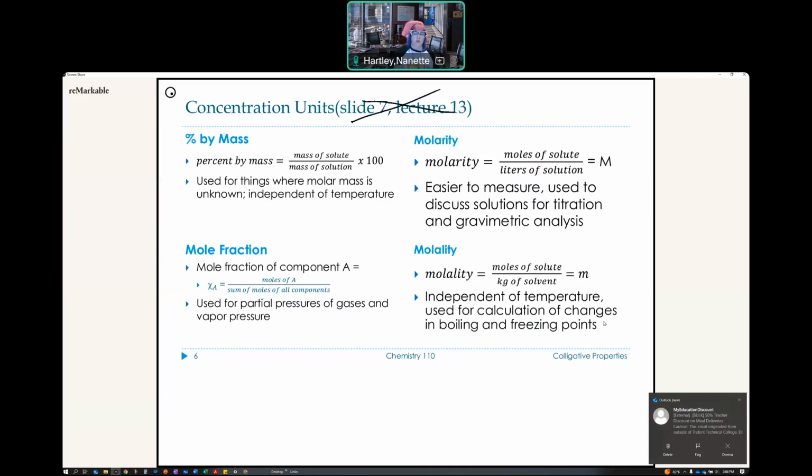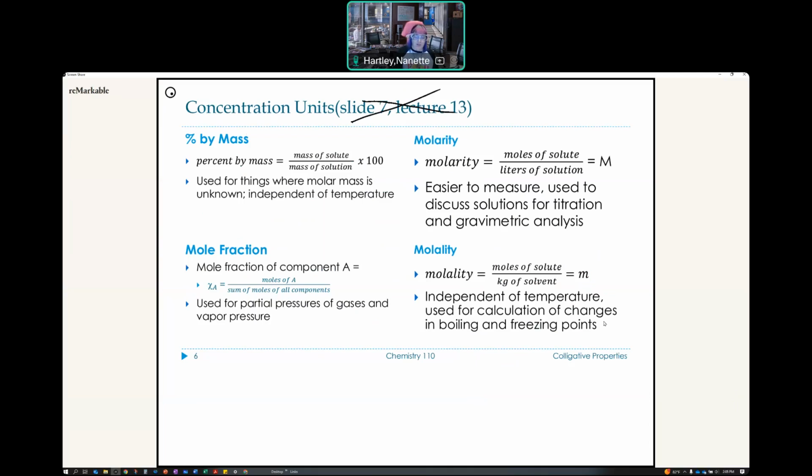As the temperature goes down, the volume goes down, typically, assuming that we're in a water solution. It does some other things for other solvents, depending on what they are. So that becomes problematic because as we change the temperature, we may see changes in our volumes.